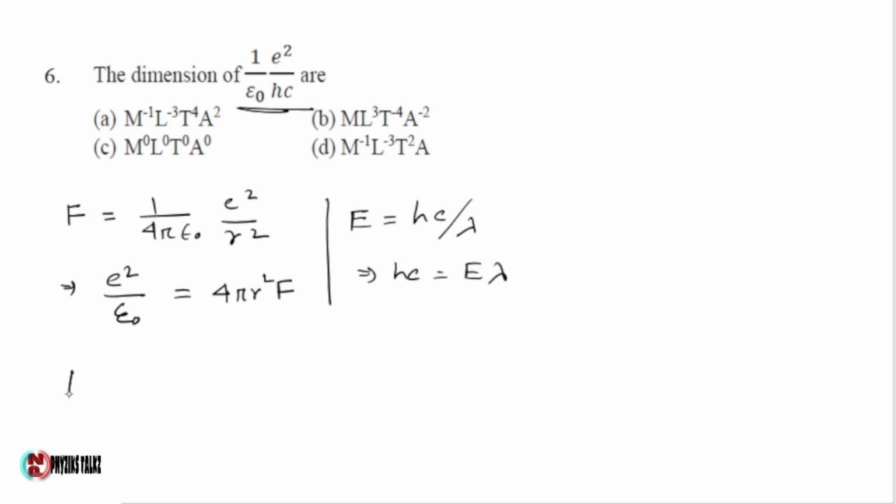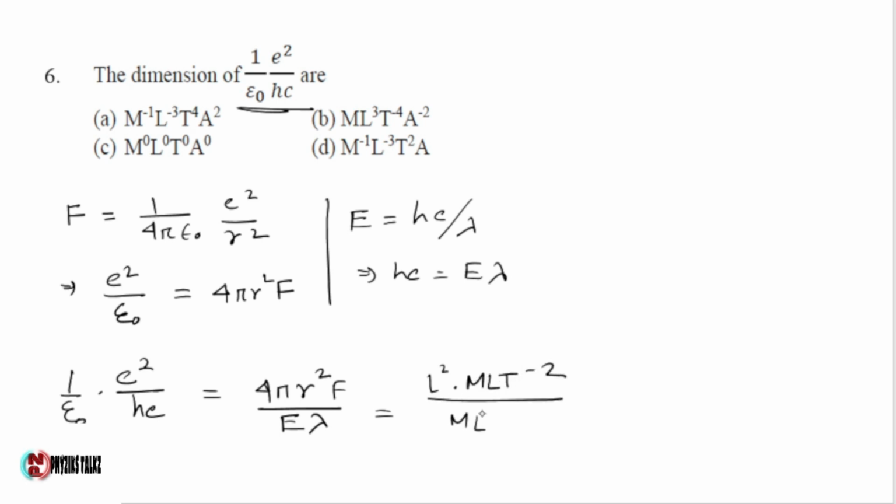So the given constant 1 by epsilon naught e square by hc equals 4 pi r square F by E into lambda, which gives L^2 into MLT^-2 by ML^2 T^-2 into L, which is M^0 L^0 T^0. So this constant is a dimensionless one, so the correct option is option C.